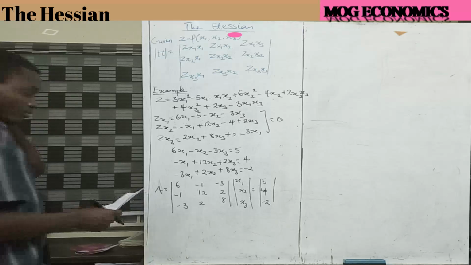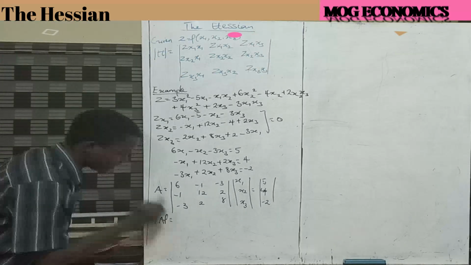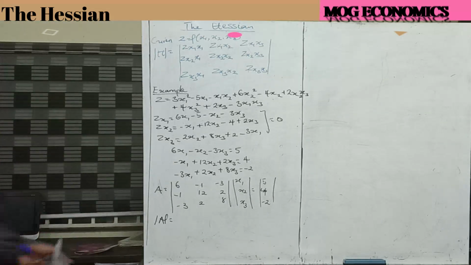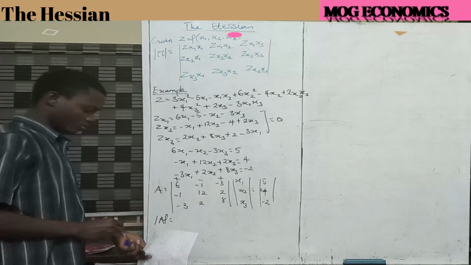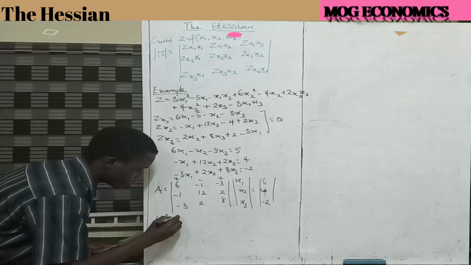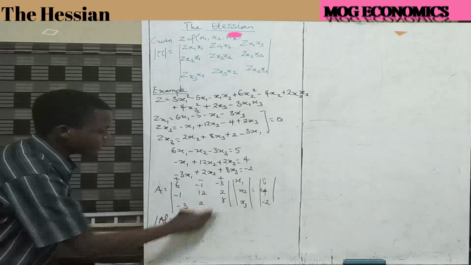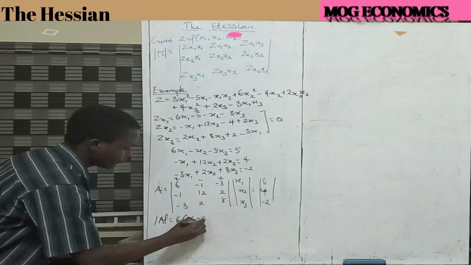Okay, so looking for the determinant of A. The signs are plus, minus, plus. The determinant of A is going to be 6 into brackets: 12 times 8, 96, 96 minus 4.